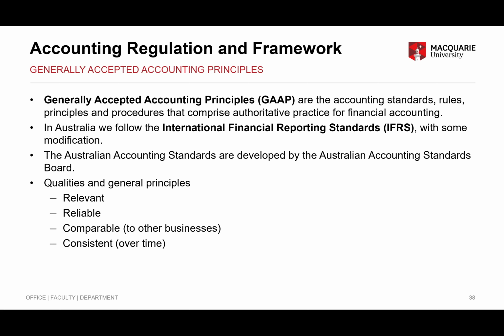So they look more like our tax laws. It says you must do this, and in this case, you must report it like that. Whereas under IFRS, it's what we call principles-based reporting, where there's a lot of flexibility. So there's a difference in the way they're written. There's some minor differences in the way that they want some items measured.